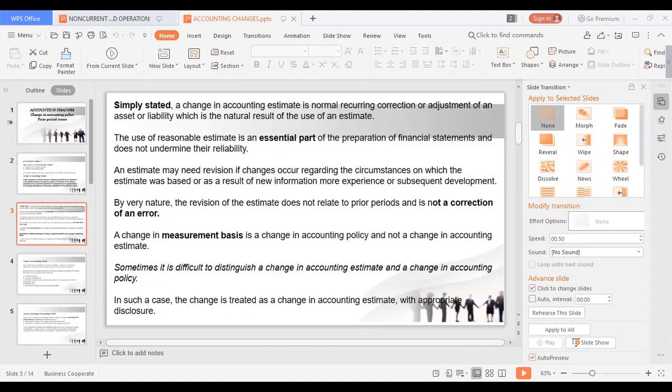So we now divide 3 million by 5 years, leaving the annual depreciation from 2020 equal to 600,000. So the requirement is what is the depreciation for this machine in 2020. So the amount is 600,000 in letter B.